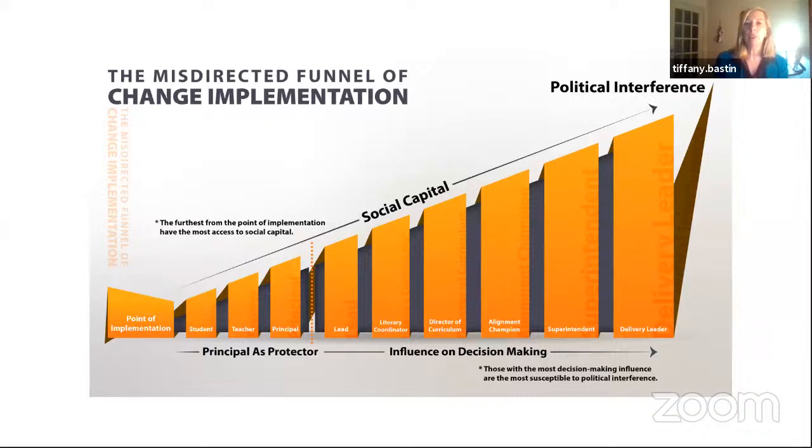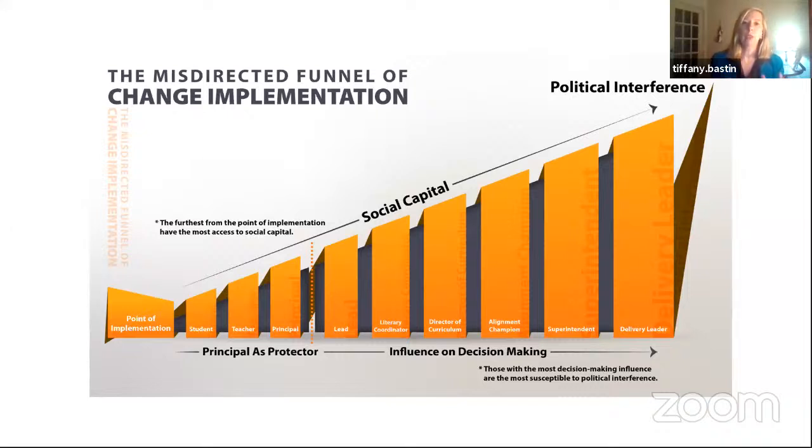So even though they are the most critical in making educational change, they have the least amount of social capital. And on the other end are the individuals who are working at, say, the ministry level or the person who is in charge of this initiative. And the challenge with those individuals having more social capital and more decision-making power is that they are very influenced by political leaders.